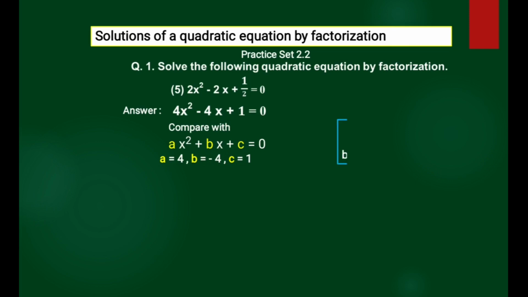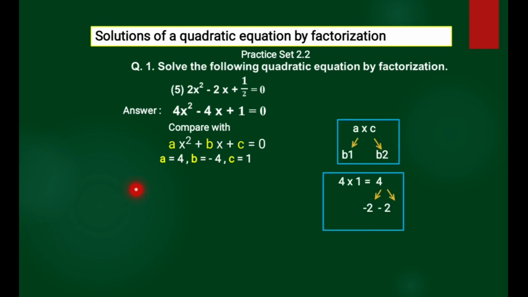So first we find a into c. Here the value of a is 4, the value of c is 1. So 4 into 1 we get 4. Now we have to split up this 4 such that its sum equals the value of b. So 4 can be written as minus 2 into minus 2, minus minus gives plus 4.